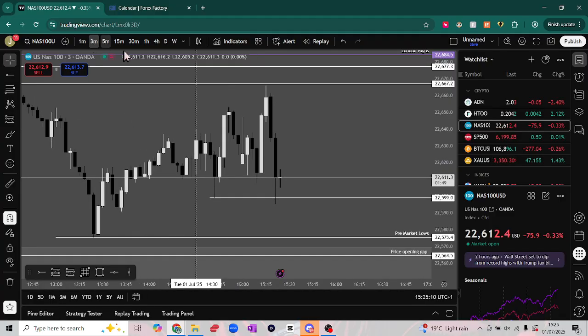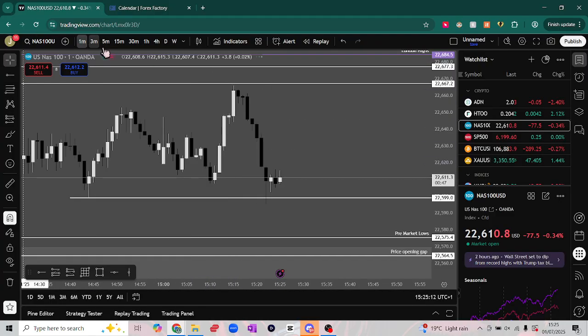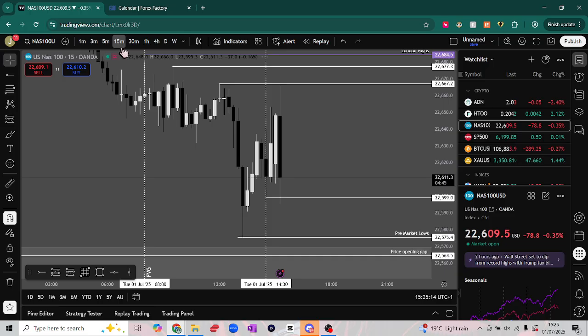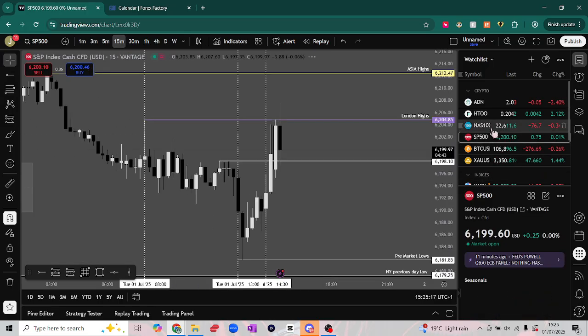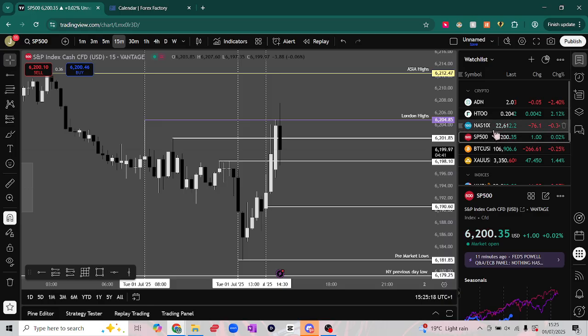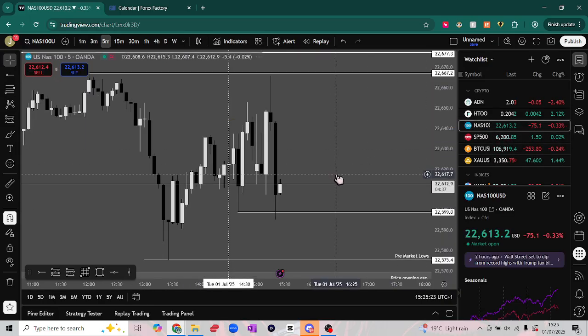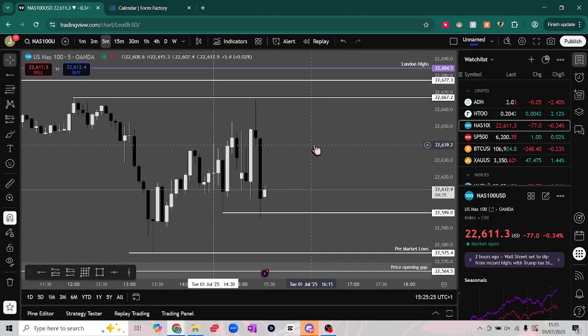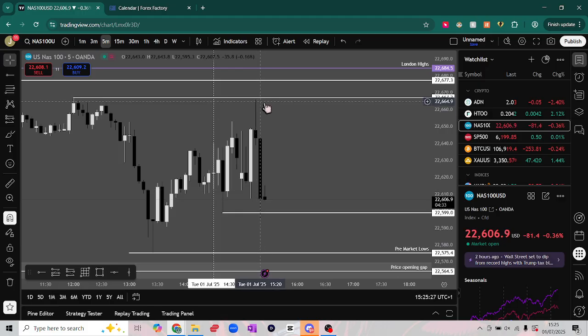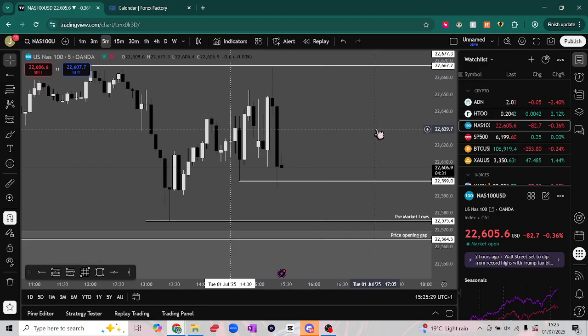It just looks choppy. It's just accumulating. Even on the 15-minute, it's a bit choppy, really. The S&P's had a lot cleaner movement, but Nasdaq's undecisive on where it wants to go. It doesn't want to take out these highs, but then it doesn't want to take out these lows. So I'm probably not going to trade today.